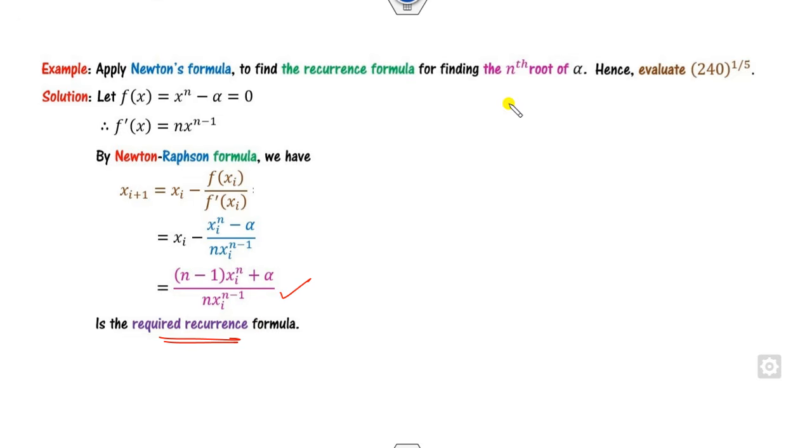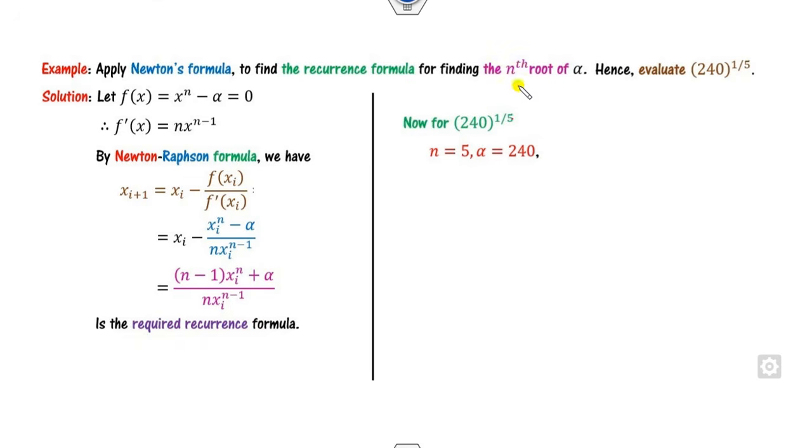Now based on this formula, you can find the value of 240 raised to power 1/5. If you compare them, n is my 5, alpha is 240. Now what can you take as the initial guess? There are two ways.